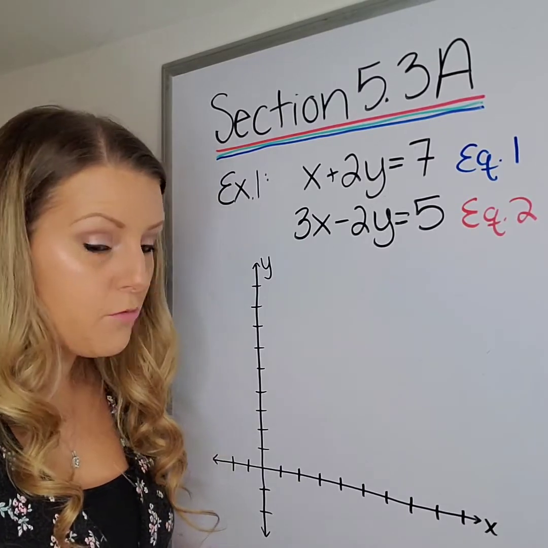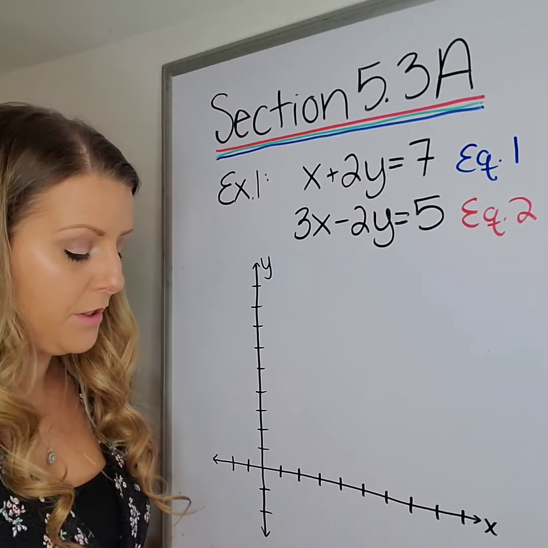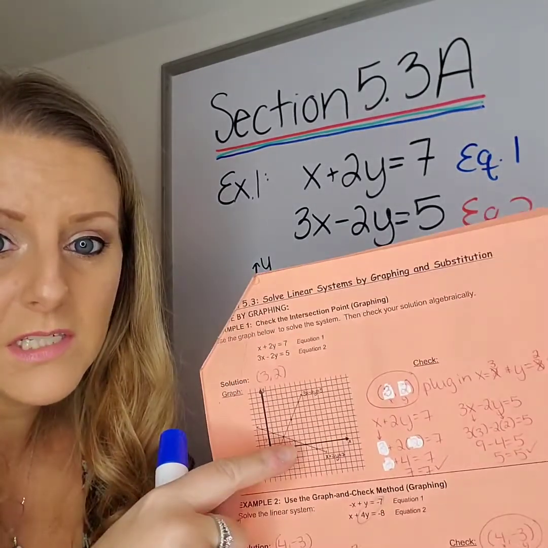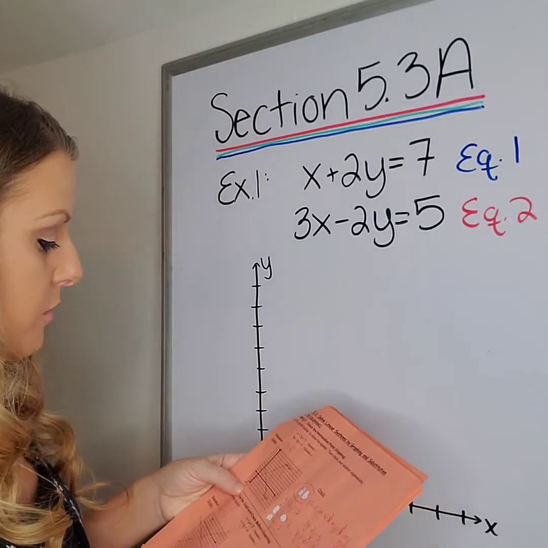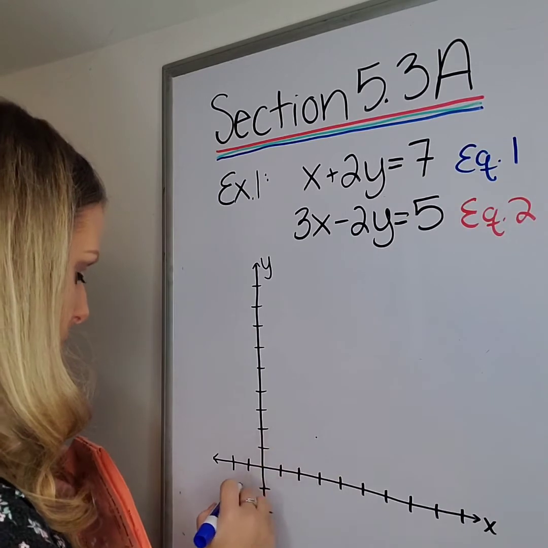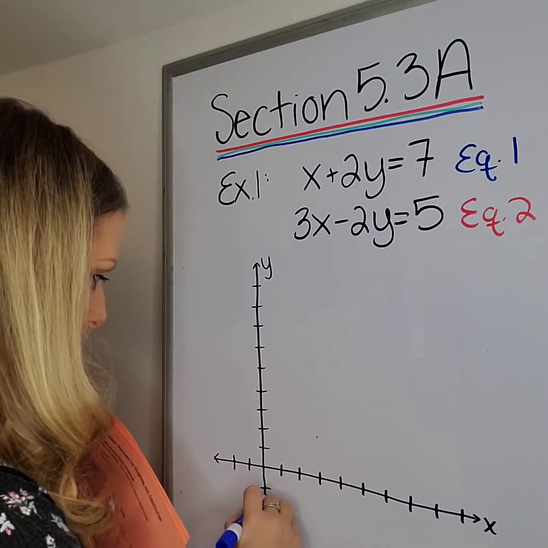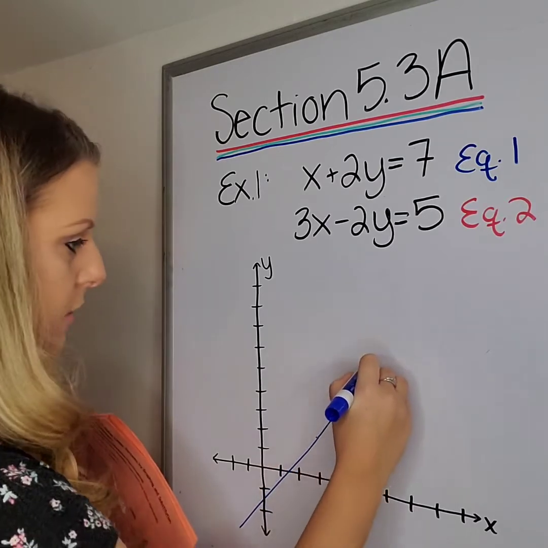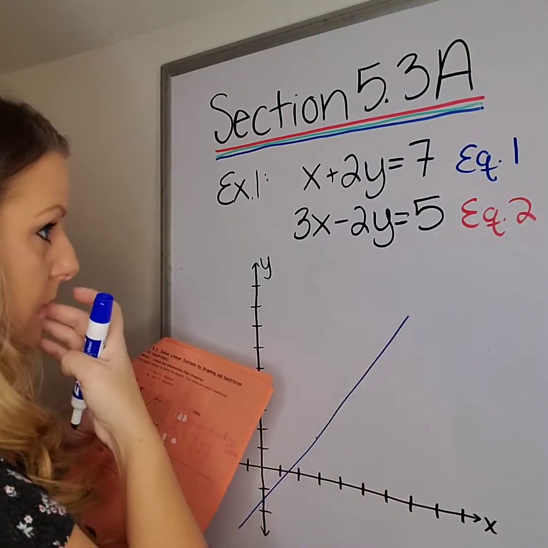Okay, so if you already have the notes packet, this one was already graphed for you. I don't know if you can see that, but they already had the lines on the paper for you. So I'm going to put those down. Oops, sorry.